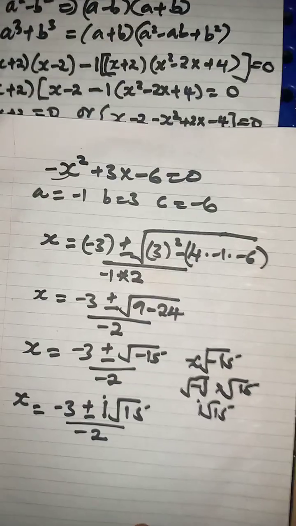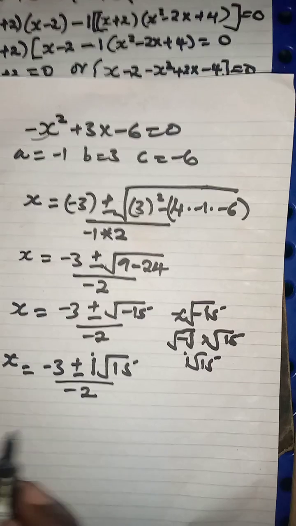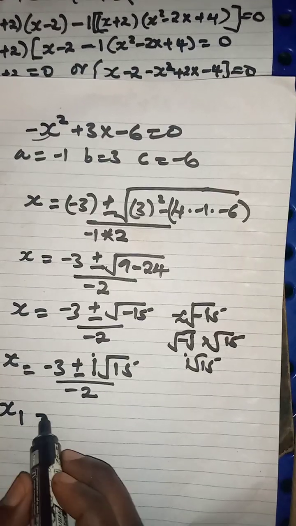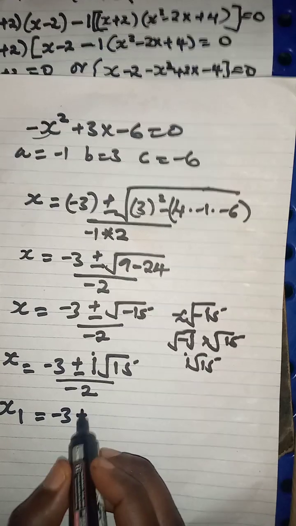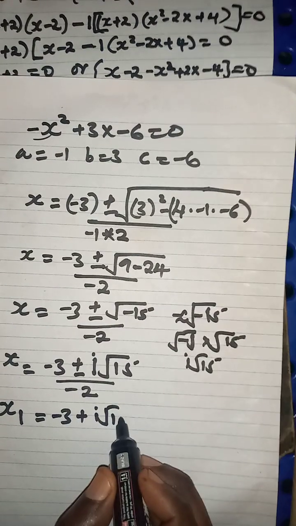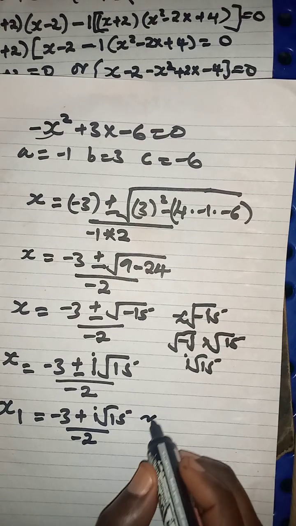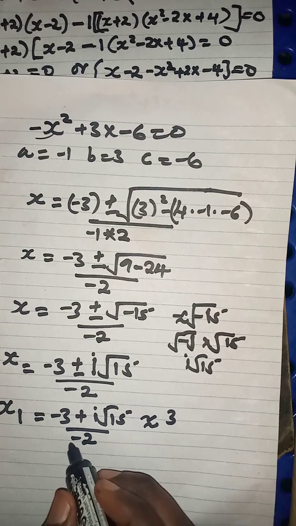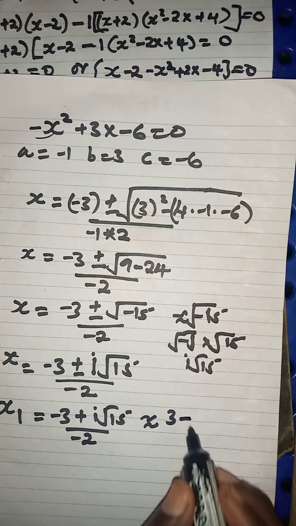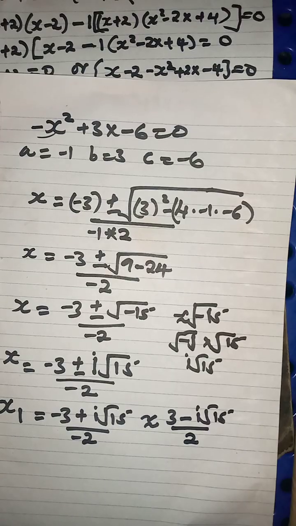Meaning I can get other two answers from this. I'm going to call it x1. When I take the positive sign, my value becomes negative 3 plus i root 15 over negative 2, which can be simplified as positive 3, and then of course this is negative, that is positive, becomes negative i root 15 all over 2 as the second value of x.